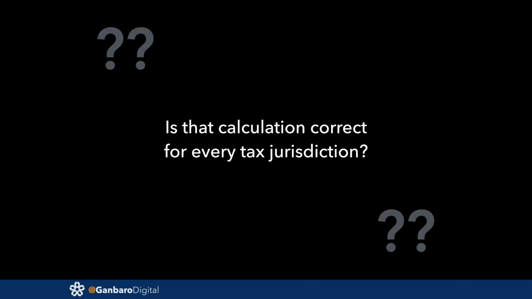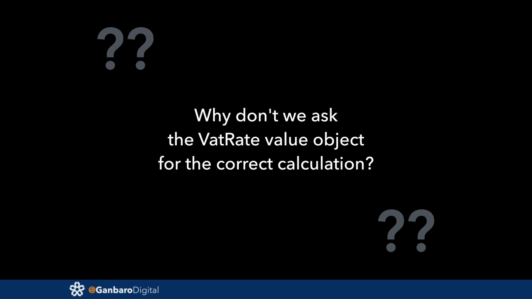And the question is, is that calculation the right one all the time? I don't know. It works for my jurisdiction. Does it work for yours? I can't tell you. But here's the thing. We've got this tax rate object being passed in.